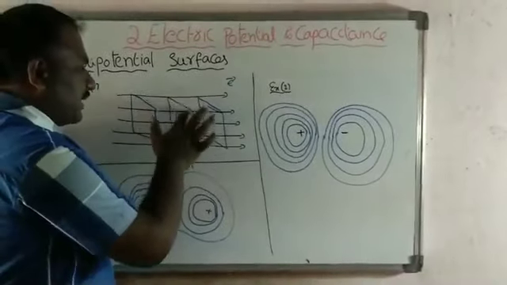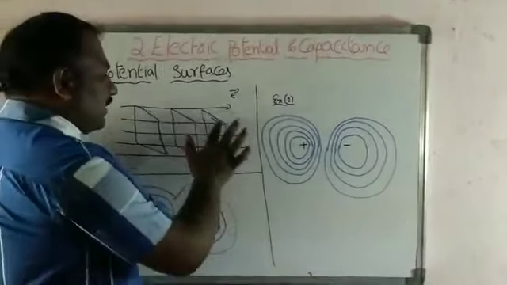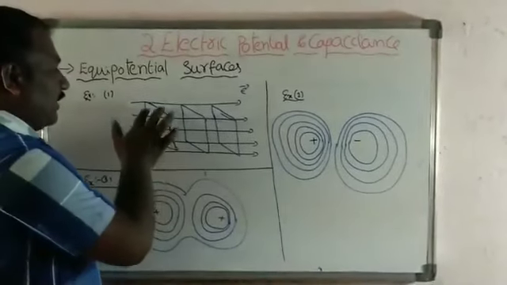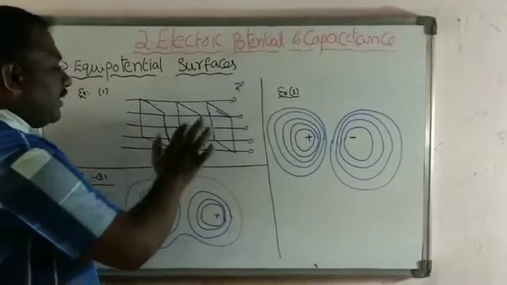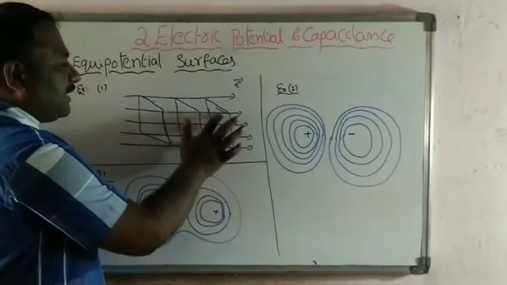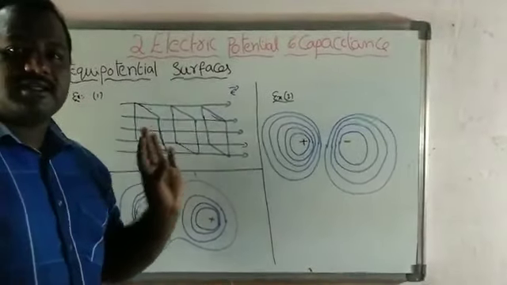In a similar way, on the second surface, at any point the potential will be the same, and similarly the third surface also. Here we take V1, the potential at any point will be the same. Here it is taken as V2 and here it is taken as V3. So these can be called equipotential surfaces.